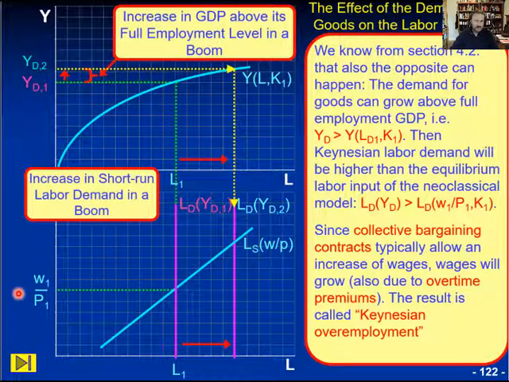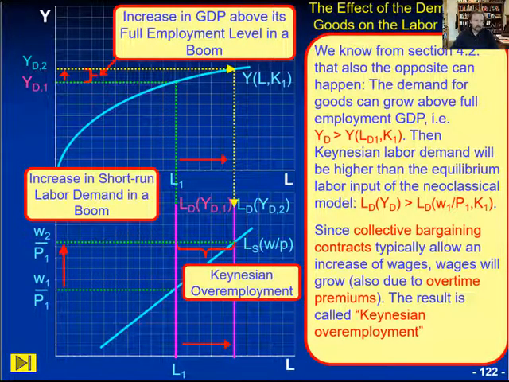Collective bargaining contracts allow such increases of wages. Therefore, wages will grow until households supply the additional amount of labor needed by firms to produce the higher GDP level. The resulting situation is then called Keynesian overemployment.